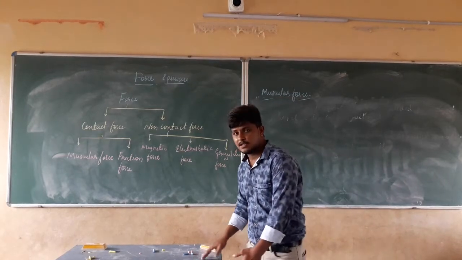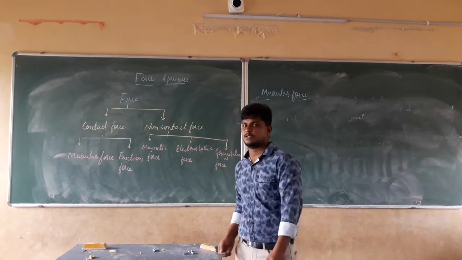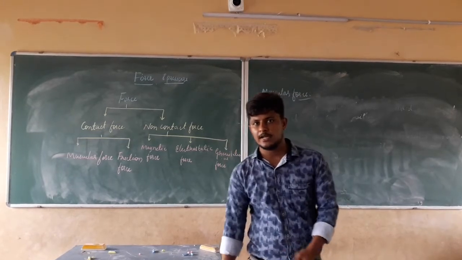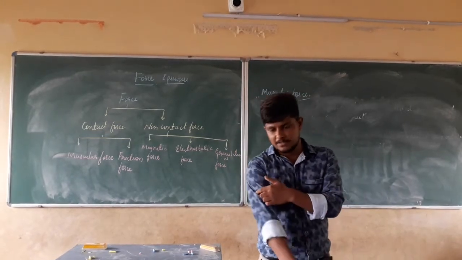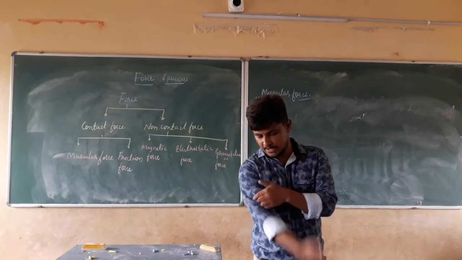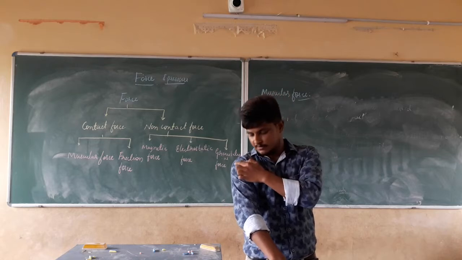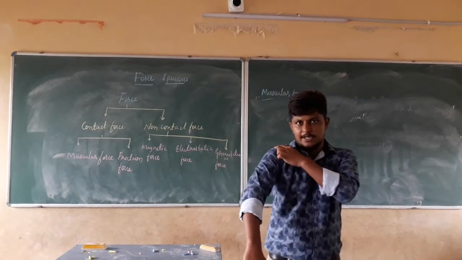The movement of the table by application of force is happening because of the movement of our muscles. See there, these muscles are making the movement. These muscles, which are connected to the hands, are connected to the bones at the joints.